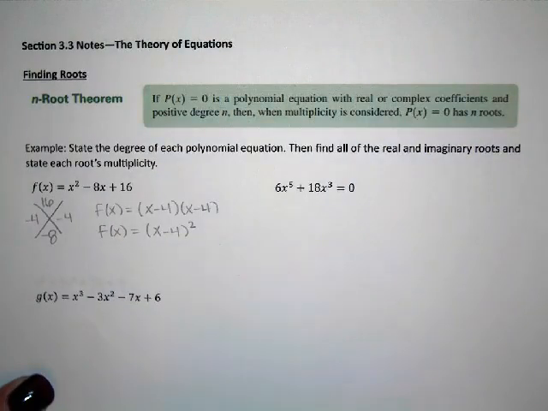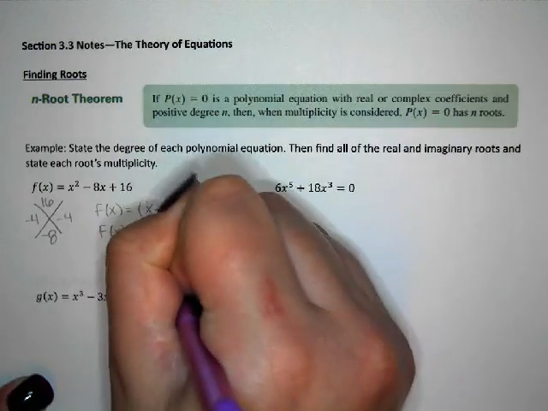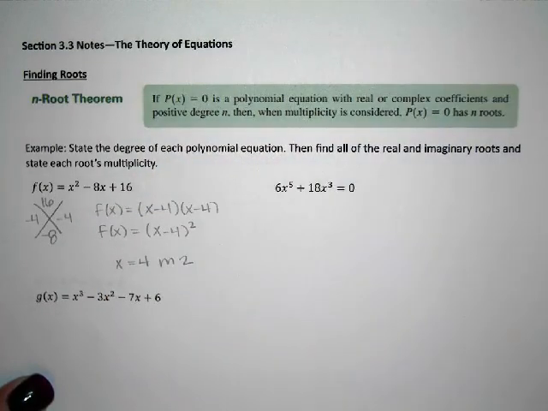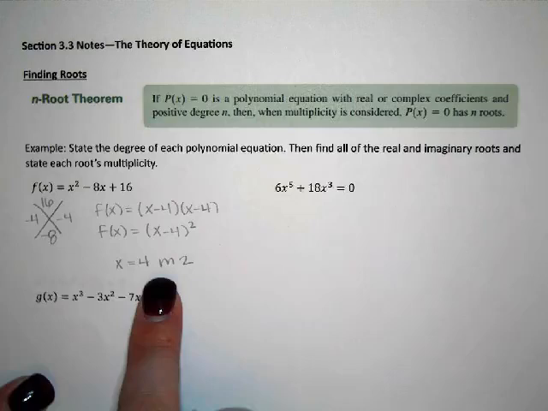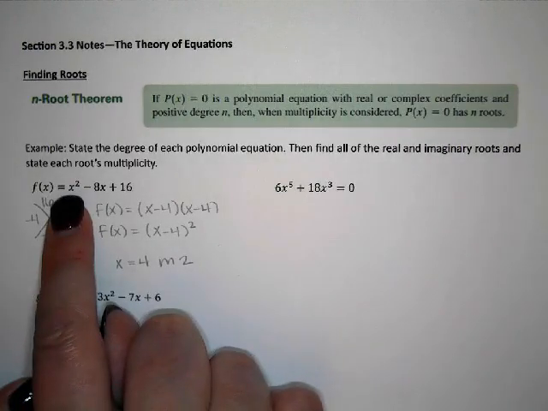And so the real root is x equals 4, and it has a multiplicity of 2. So this has 1 root, but that root happens twice. So there's 2 answers: x equals 4 and x equals 4. We expected 2 answers, we got 2 answers.